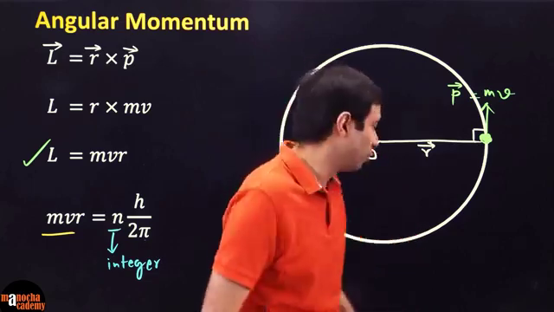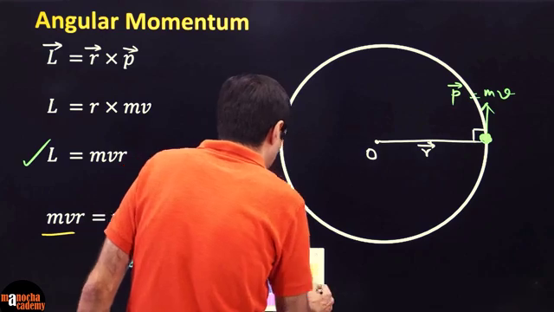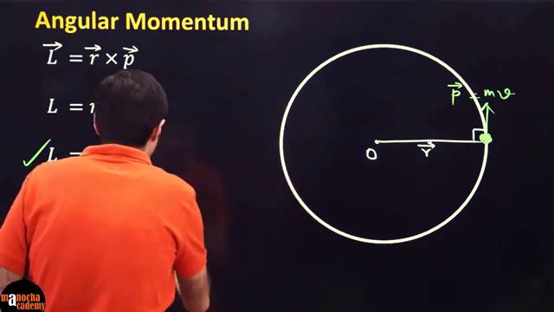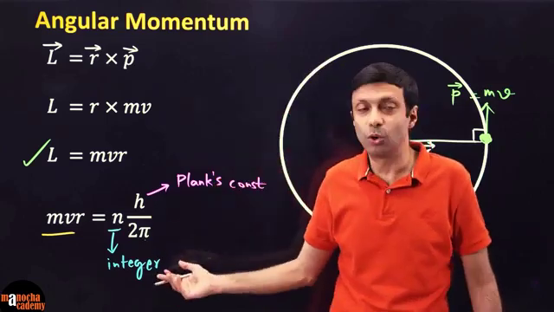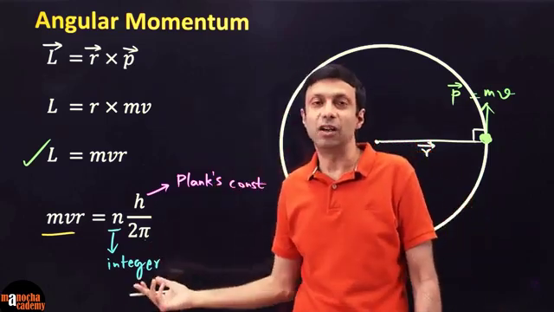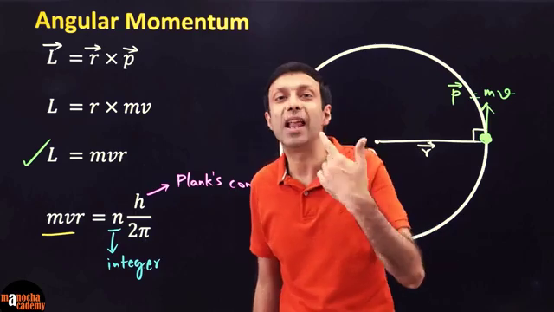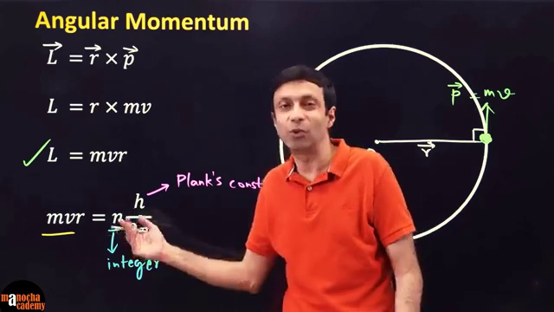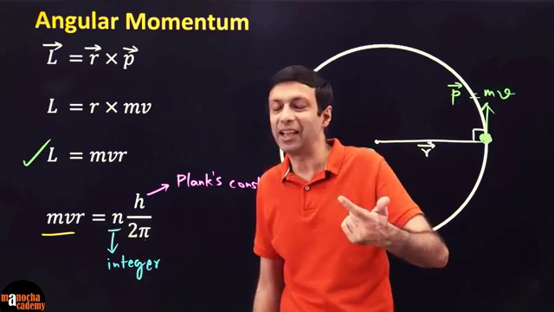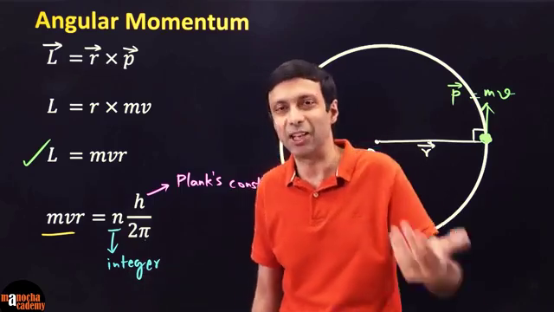Okay. And let's also note down what these are. So as I told you, h is Planck's constant. Pi you guys know. And this n integer is basically the shell number. So for the first shell, n equals 1. For the second shell, n equals 2. For the third shell, n equals 3.